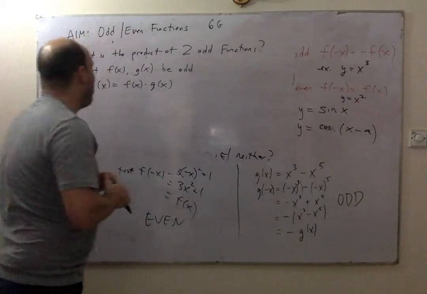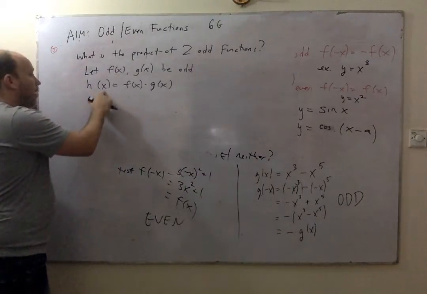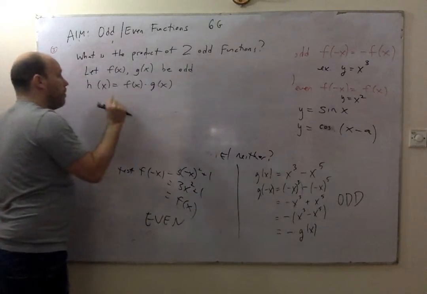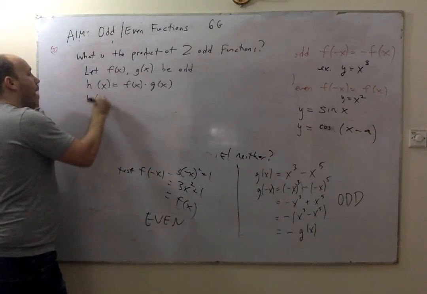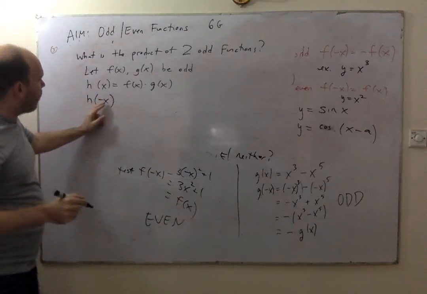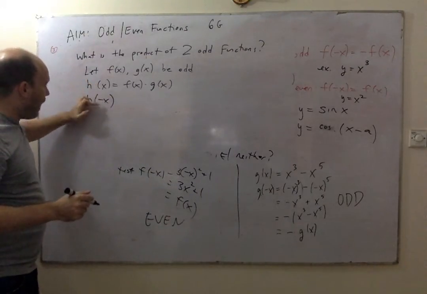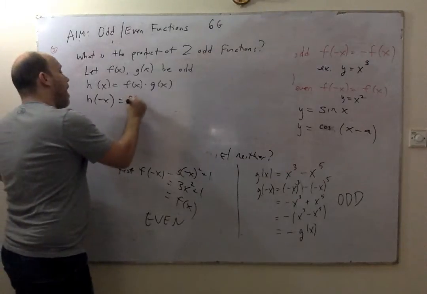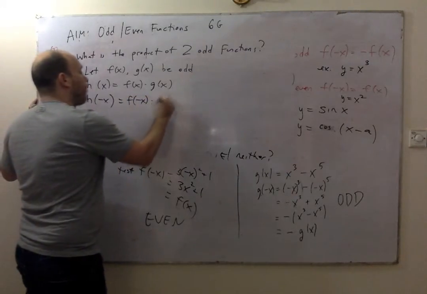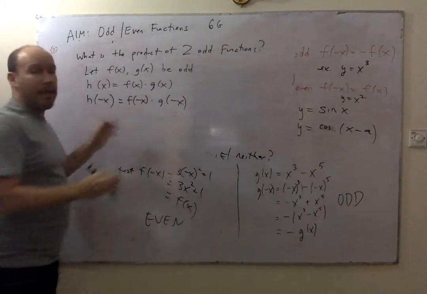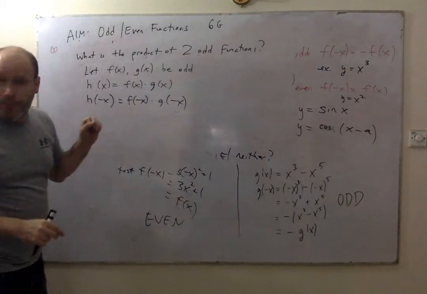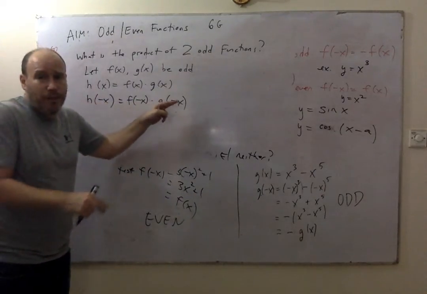Okay, we're back. So, h of x equals f of x times g of x. I want to know what happens when I replace the x with negative x. Well, this becomes f of negative x times g of negative x. Sorry, this is basic functions.